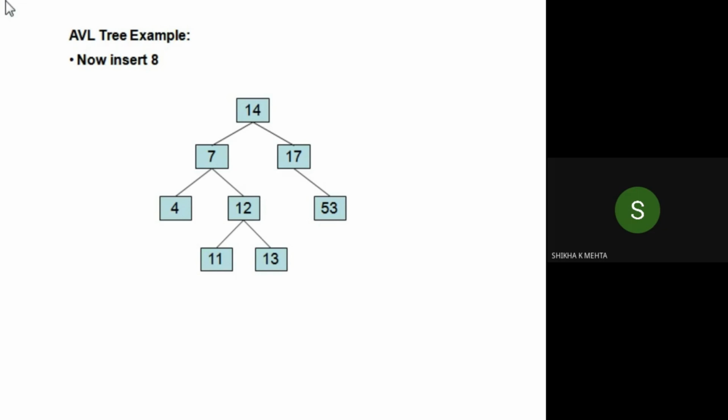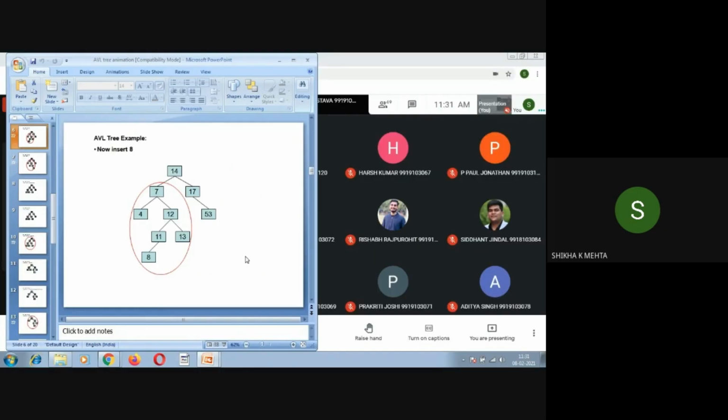Now where are we going to insert the 8? Left rotation. Hmm? Left rotation. लेफ्ट रोटेशन किस नोड पे अप्लाई करेंगे हम? 7 वाले नोड पे, 7, 12 और 11 वाले. So let us see, right?